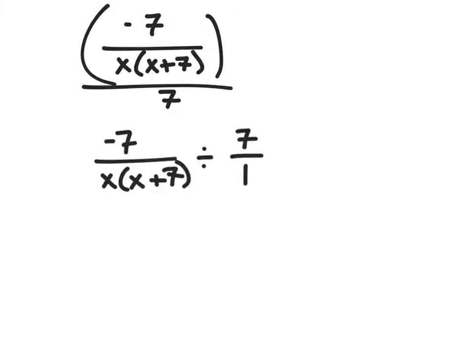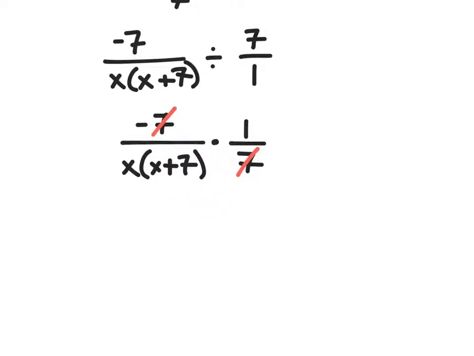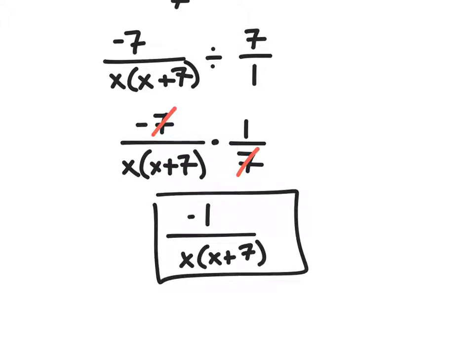So I'm going to get negative 7 over x times x plus 7 times 1 over 7. Okay, my 7's are going to divide out, and so then I'm left with negative 1 over x times x plus 7, and that's the answer that we're looking for.